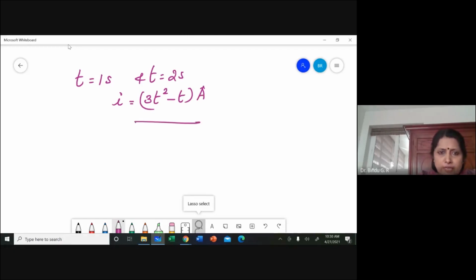You are asked to find out the value of Q. And Q you know is the integral of I dt from t1 to t2.